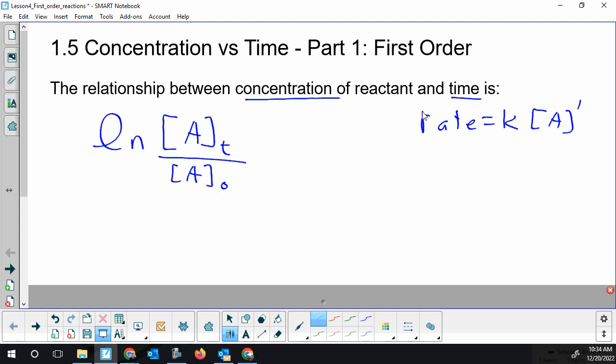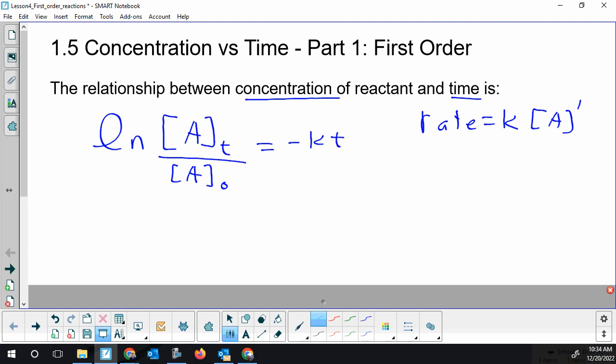If we start with 1 mole per liter, at the very beginning we still have 1 mole per liter, so 1 over 1. Over time, the numerator will decay, so our ratio will decay from 1 down to eventually 0 when we run out of A. The log of that ratio is minus kt, the rate constant times time.